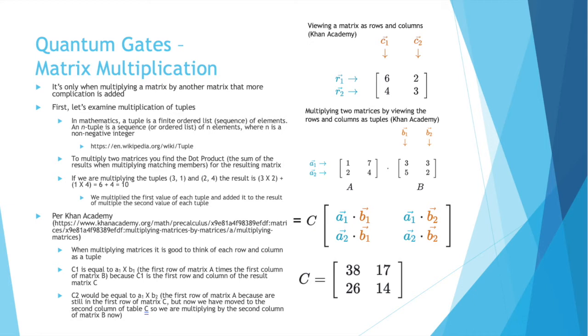Every time you change columns, you're changing the column of matrix B you are multiplying by. So those do line up pretty well. So if you take a minute to really look at the images and understand which tuples, which rows and columns you're multiplying, I think it will click more.